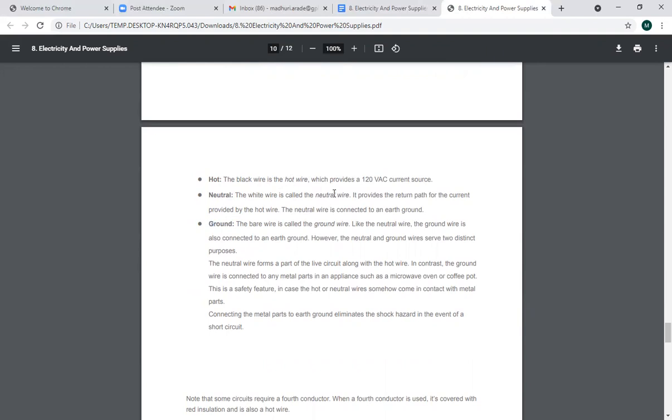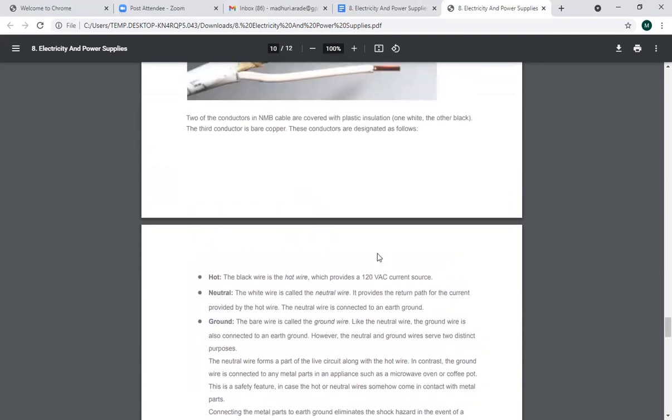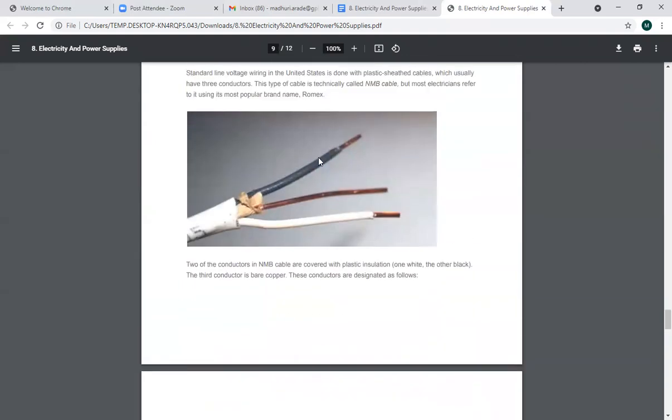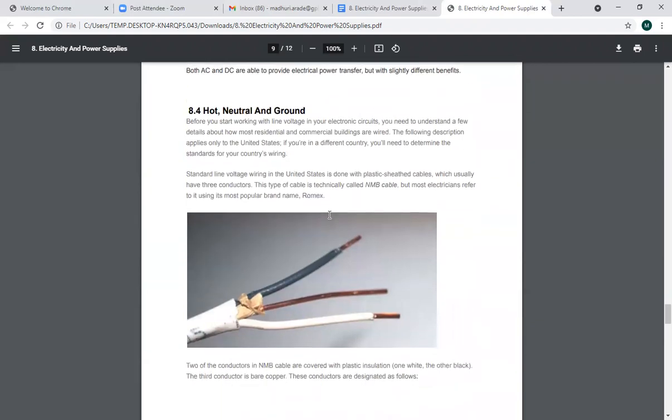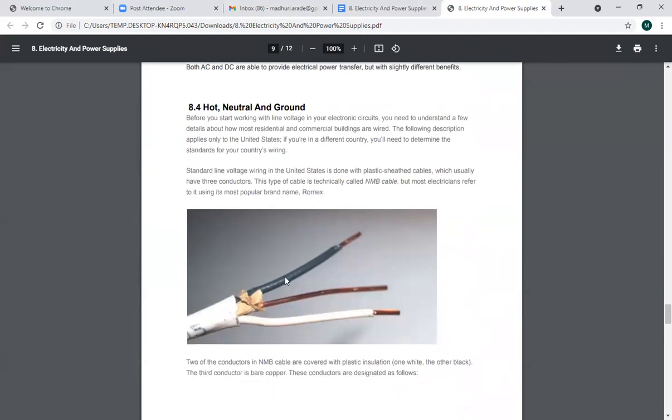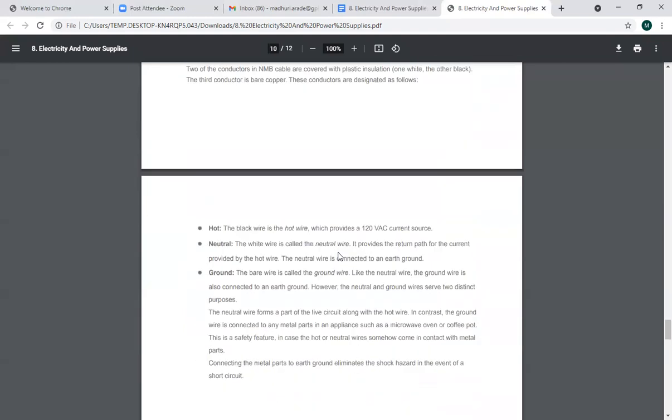It is called a hot wire, and it provides a 120 volt AC current source. So this black wire is a hot wire, carrying 120 volts of energy and current supply, with this alternating current.